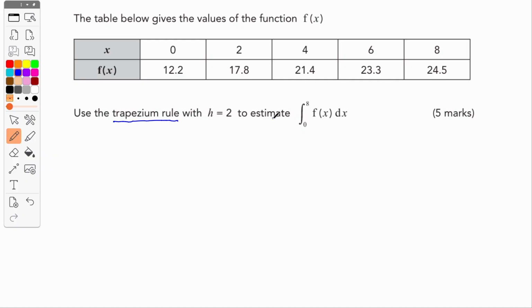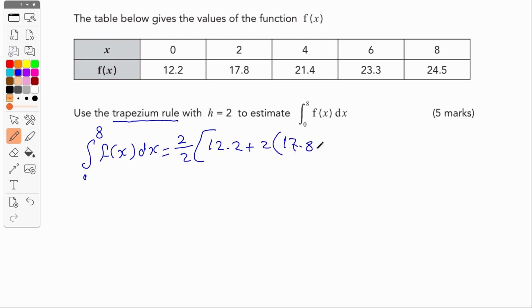So to estimate the value, we say the integral from 0 to 8, that function f of x dx, that is h over 2, means 2, the value of h, over 2, times what? y0, this is y0, 12.2, plus 2 times (y1, which is 17.8, plus 21.4, plus 23.3), close the bracket, then outside plus 24.5, close the brackets.